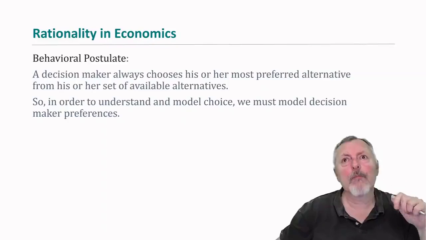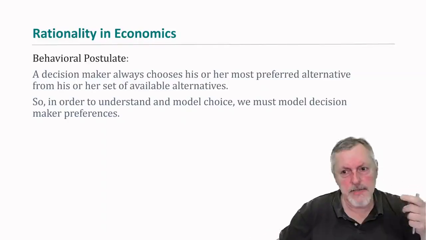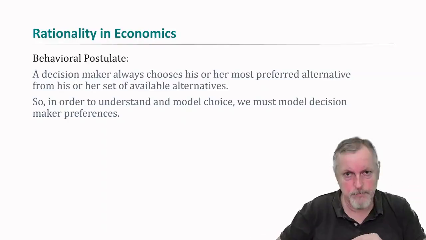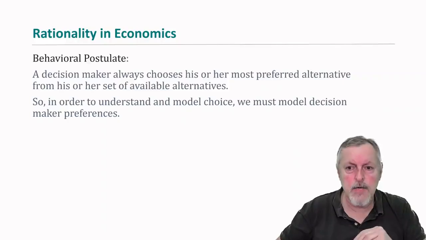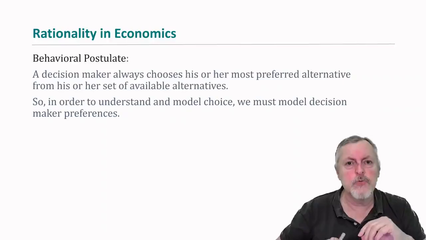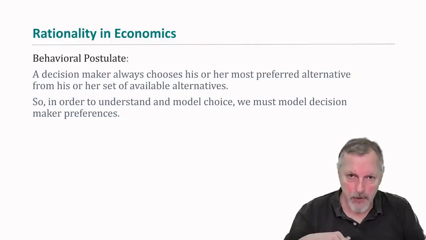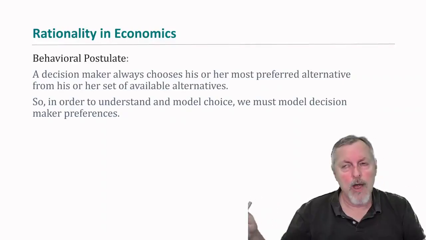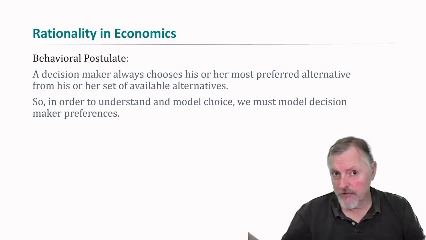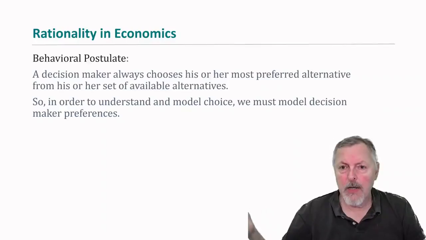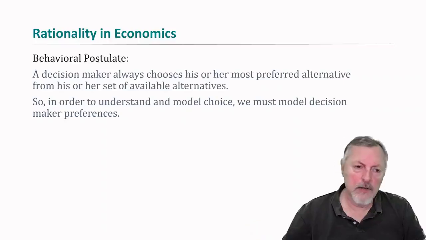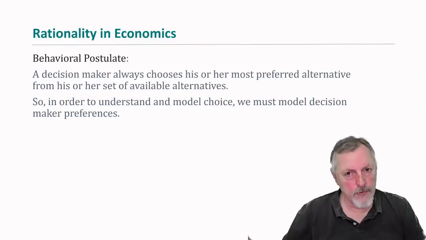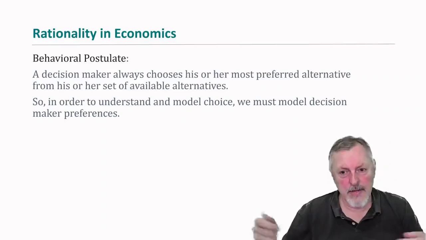Preferences are, in this context, relationships between consumption bundles. If a consumer would always choose this bundle of goods when that bundle of goods is available, then we say that the first bundle is preferred to the second by that consumer.